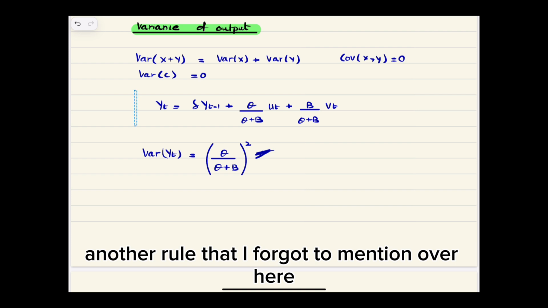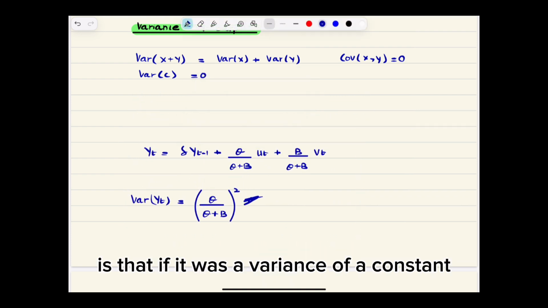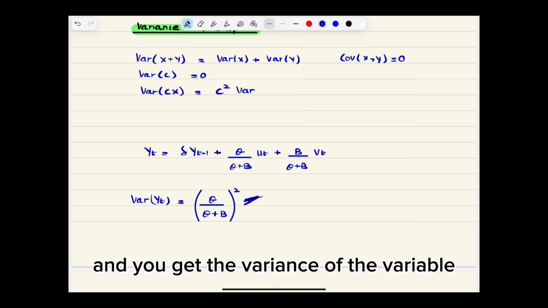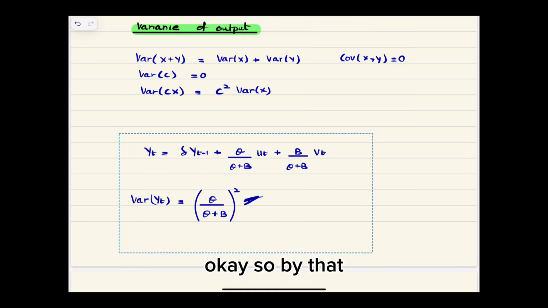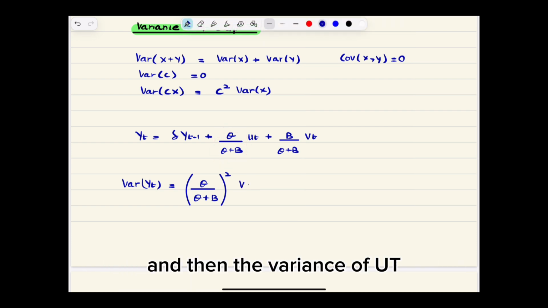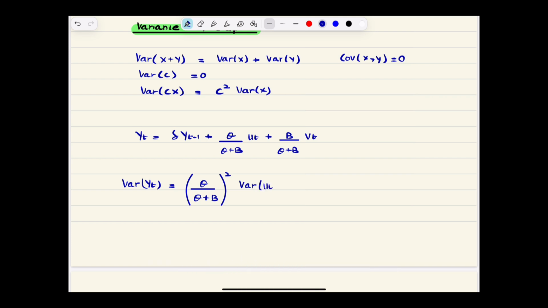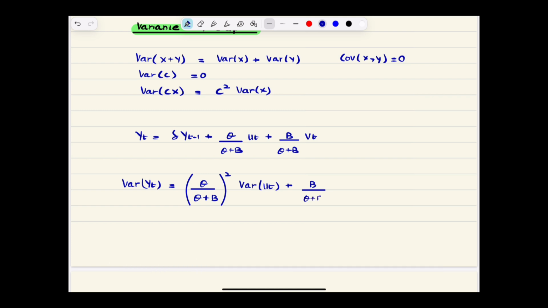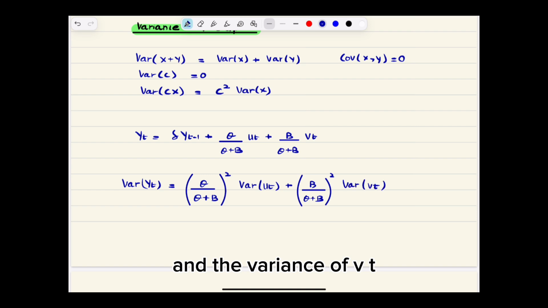Oh, another rule that I forgot to mention over here is that if it was the variance of a constant and a variable, then the constant is squared and you get the variance of the variable. So by that, I'm going to get the square of the constant and then the variance of ut, and then the square of this constant and the variance of vt.